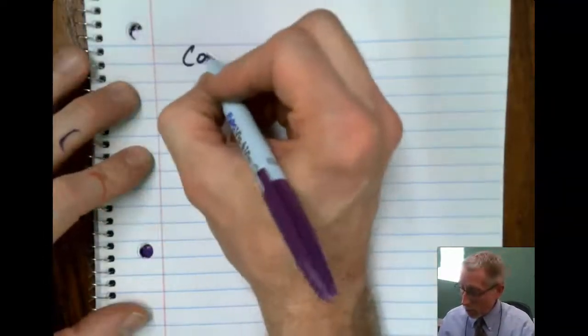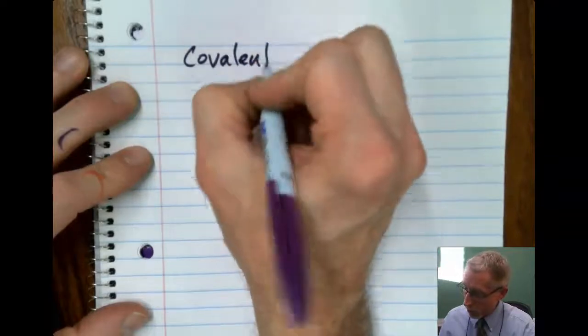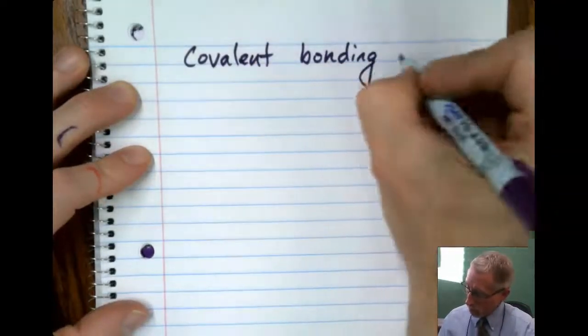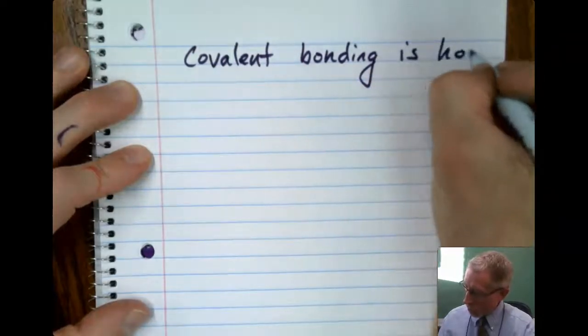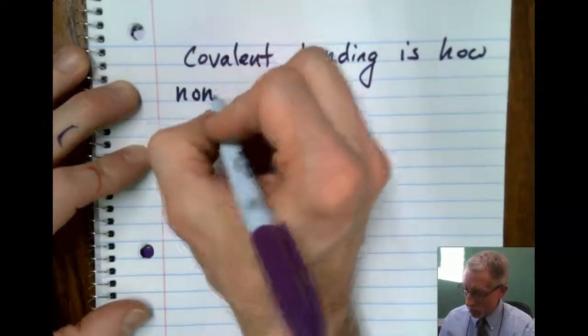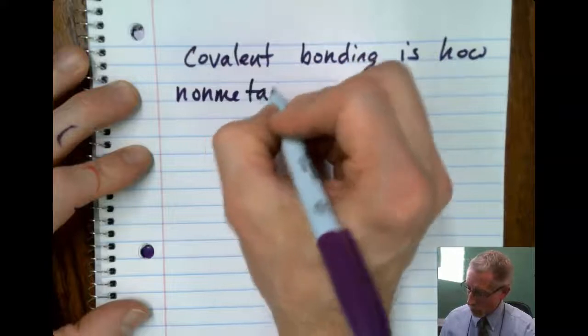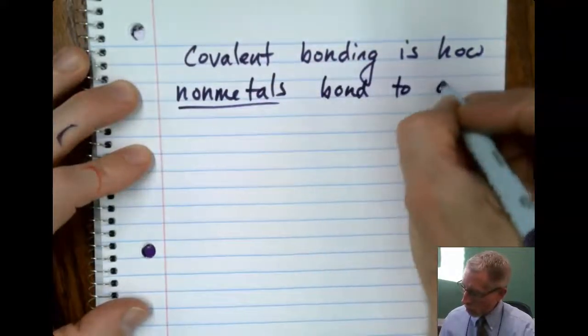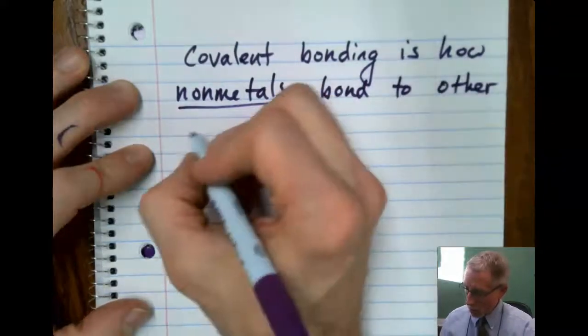So think about the kinds of elements that are going to want to acquire more electrons. The only ones that do that are the nonmetals. So covalent bonding is how nonmetals bond to other nonmetals.